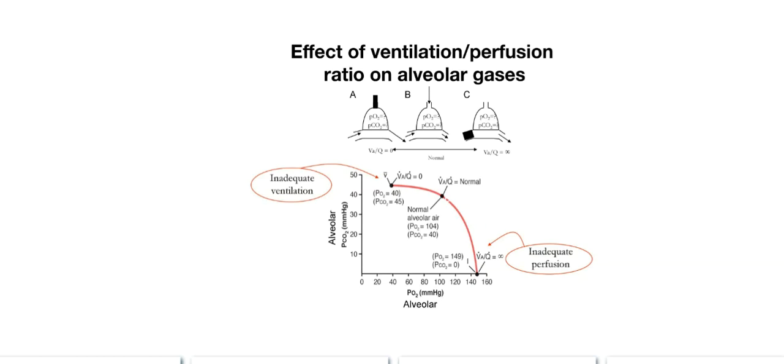It's going straight to the left side, which means what is it going to do to your systemic arterial oxygen tension if there's a significant portion of blood that's been shunted? What would you end up with? Some of your blood's being oxygenated, some of it's not.